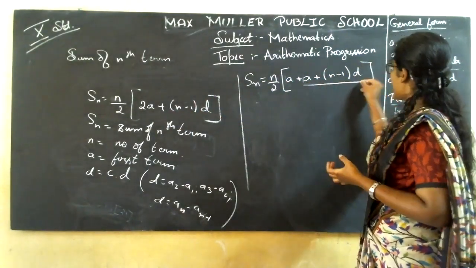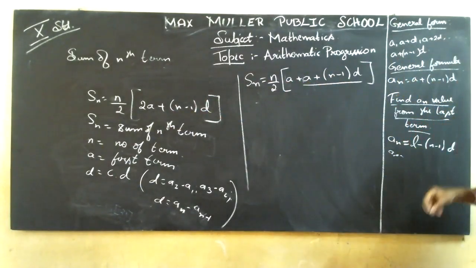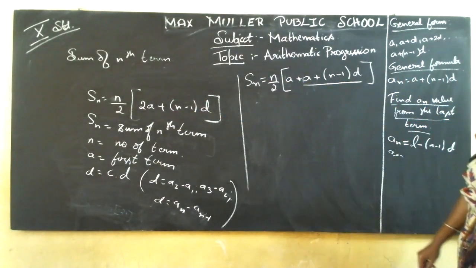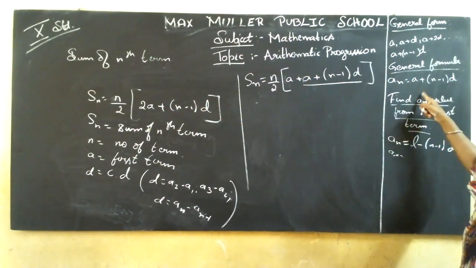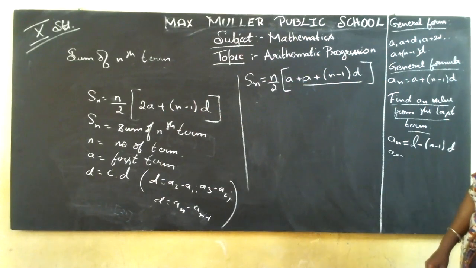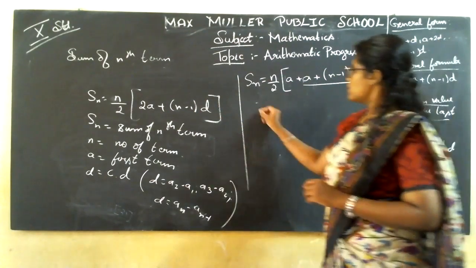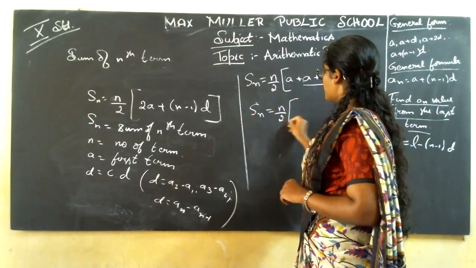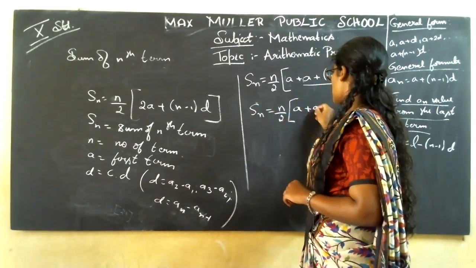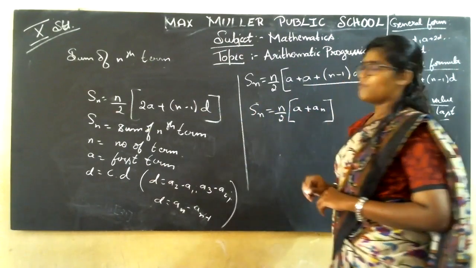So a plus n minus 1 into d is what, children? You remember? Yes, it is an. That is the general formula of an arithmetic progression, correct? So, Sn will be equal to n by 2 into a plus an. Why an?